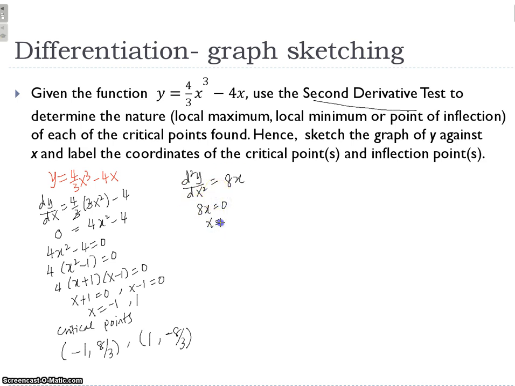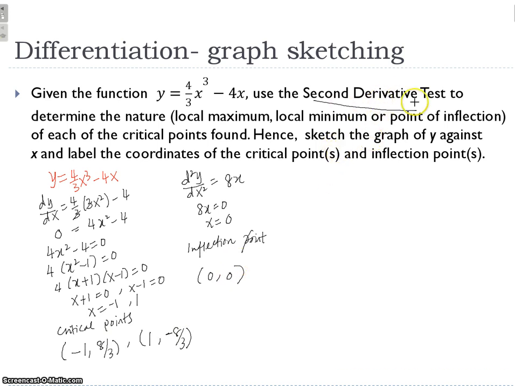So we have x equals 0 divided by 8, which is 0. You can find the inflection point by substituting 0 into the y function. If we substitute 0 into the y function, we get 0, so the point is (0, 0). So now we have two critical points and one inflection point.